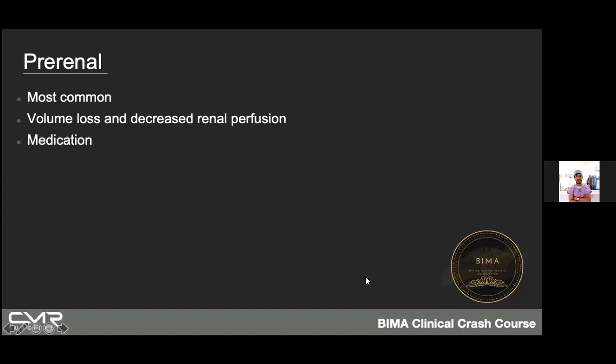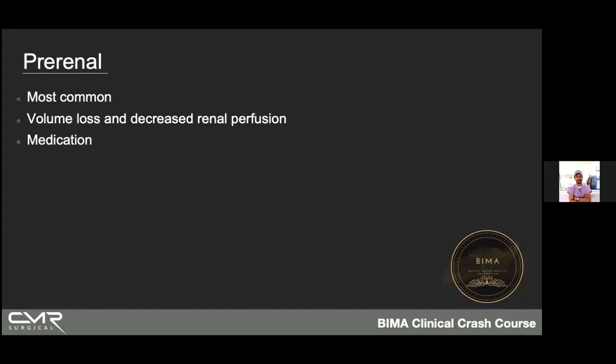So now we're on to the actual types of renal failure. So pre-renal failure is usually the most common of all of the AKIs, and it often leads to intrinsic AKI, which will be renal AKI if it's not corrected properly. And it can be provoked by volume loss.